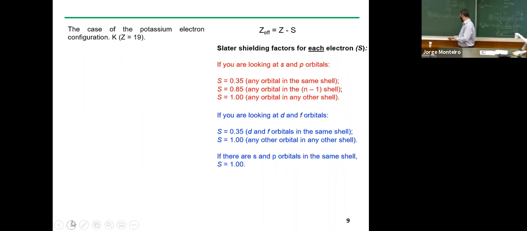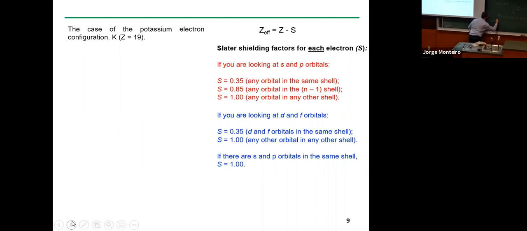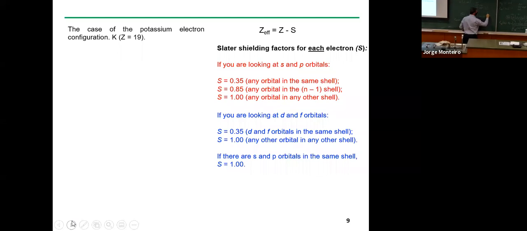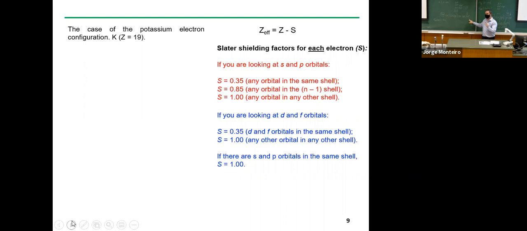So I want to do the 3d run example with you, just to make sure we get this right. So Z effective for the 3d orbital is going to be 19 minus. We are looking at the 3d orbital. Is there any other d or f electron in the same shell? No. So therefore, everything will have a shielding factor of 1 unit.